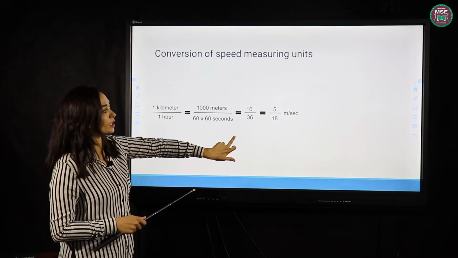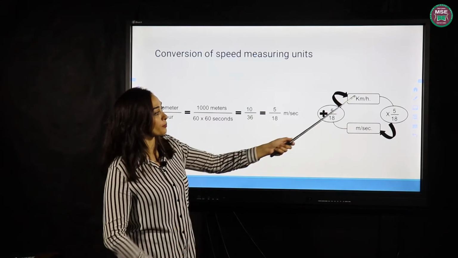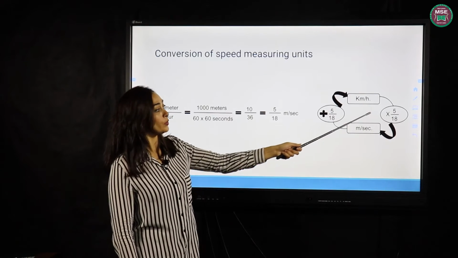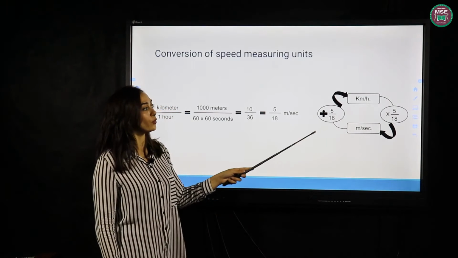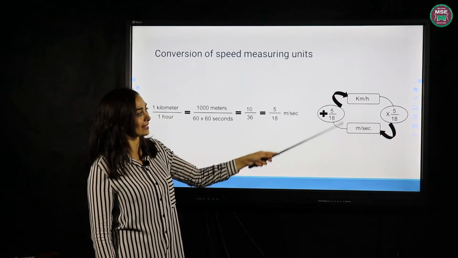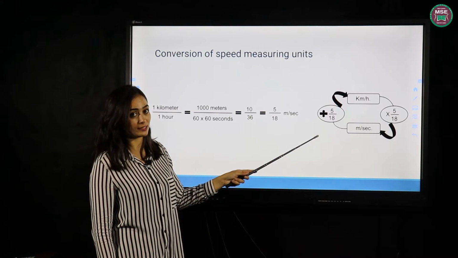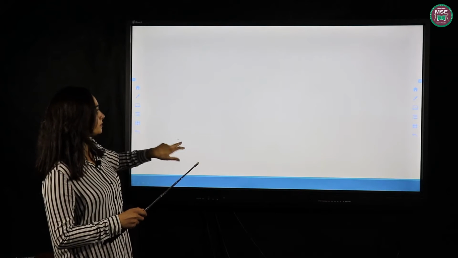Concentrate here. If I want to convert the measuring unit from kilometer per hour to meter per second, we multiply by 5 over 18. While if I want to convert from meter per second to kilometer per hour, we divide by 5 over 18. Okay? Now, let's see a problem.